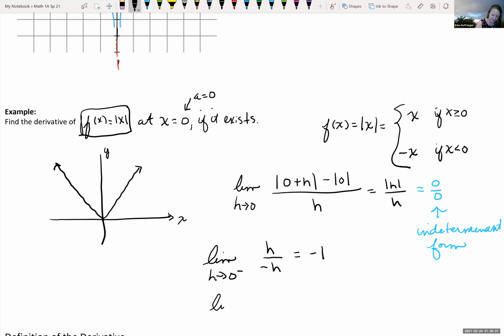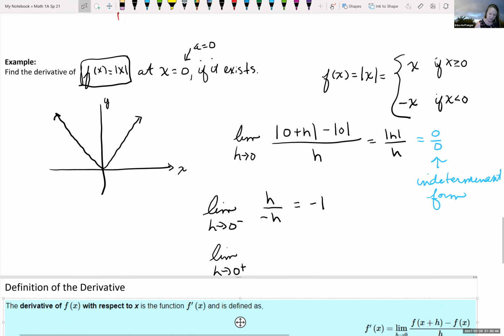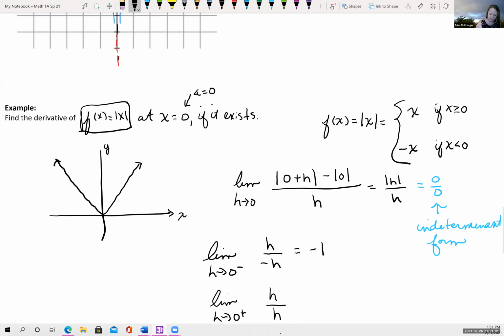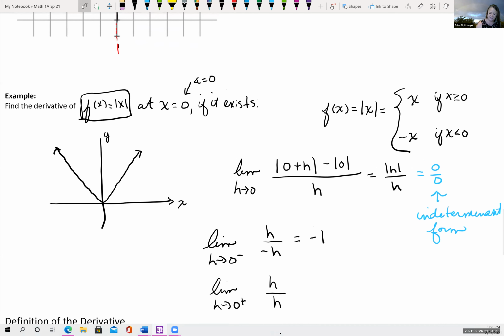If we look at the limit as h is approaching 0 on the right-hand side, well, if I'm approaching 0 on the right-hand side, then I'm plugging in positive numbers. So the absolute value of a positive number is just h itself, all over h. If I plug in a positive number in here for h, I get back positive h, because it was a positive number I was plugging in, and this is equal to 1.